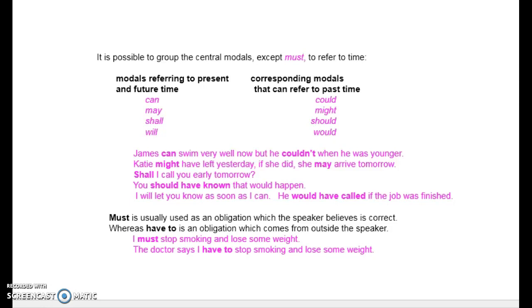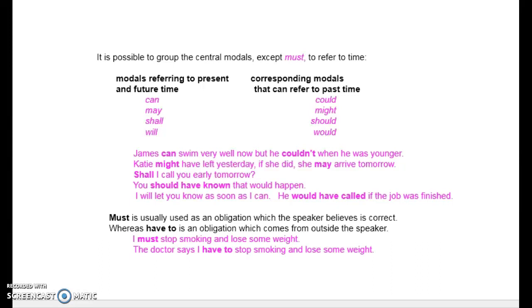Okay, it is possible to group the central modals, except must, to refer to time. Must is different. And here you have the modals referring to the present and the future time, and the corresponding modals that can refer to the past time. For example, James can swim very well now, but he couldn't when he was younger.